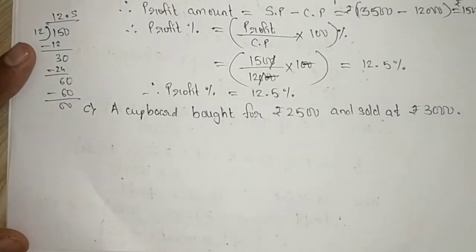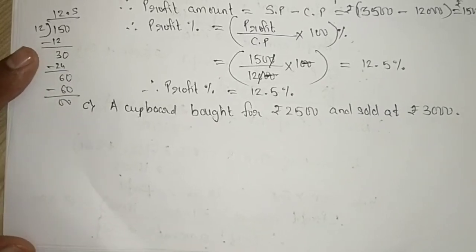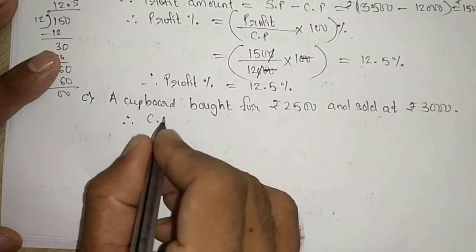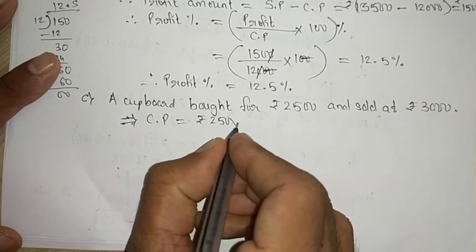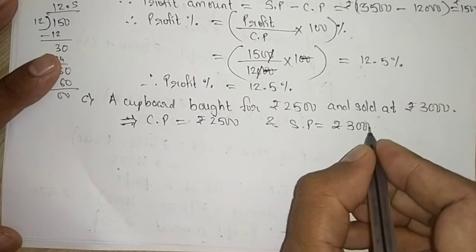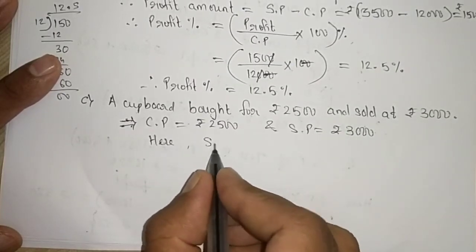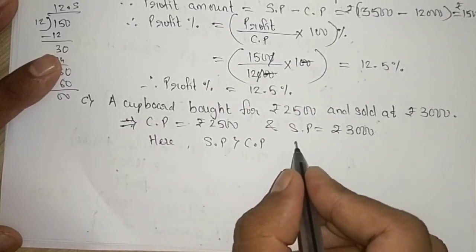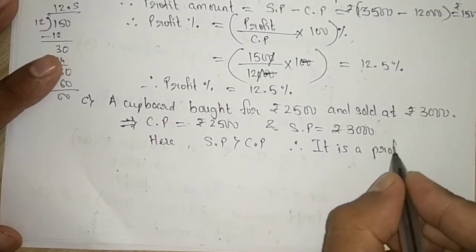So the question says a cupboard bought for rupees 2,500 and sold at rupees 3,000. Again CP is equal to what? Rupees 2,500 and SP is rupees 3,000. Here you can see selling price is greater than cost price, therefore I can say it is a profit.